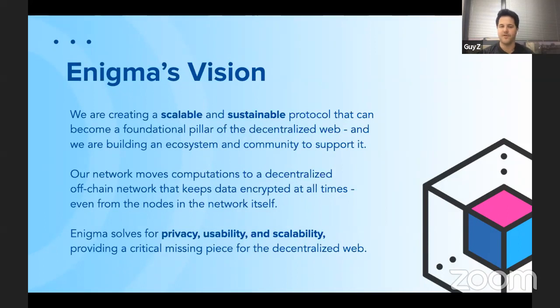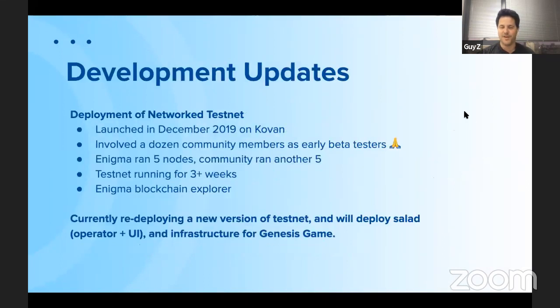And with that, we're really trying to solve the usability issues of the decentralized web, of blockchains. And we've done a lot on that front. So James, maybe let's move to the next slide, and I will pass it here to Victor. There's quite a bit on the development front that's been happening recently.